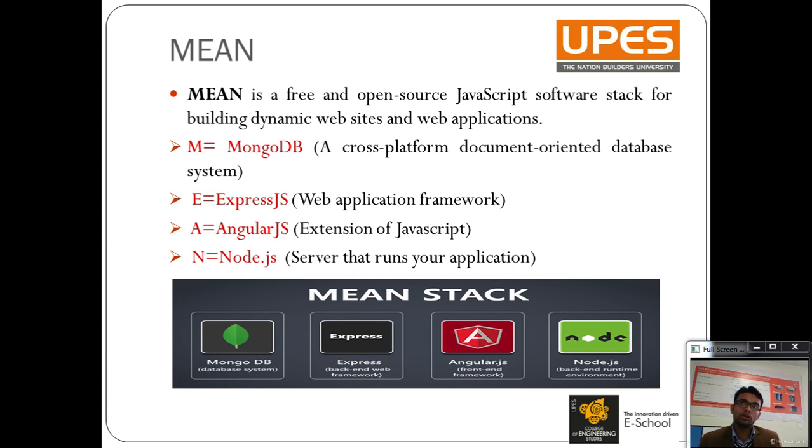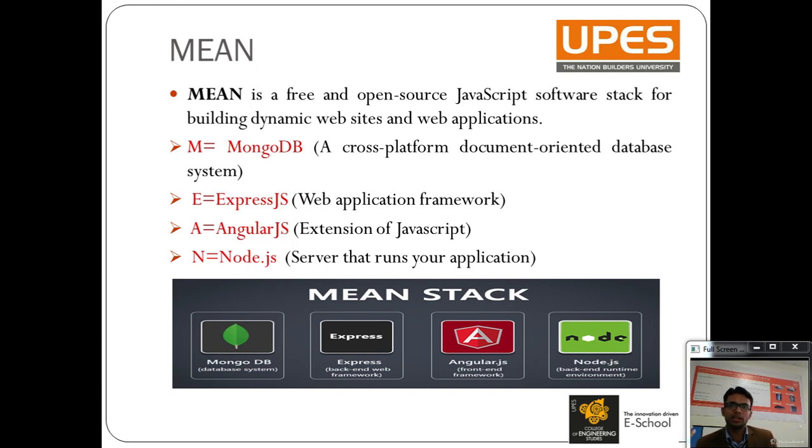Node.js lets you write server side applications using JavaScript. Node.js is also faster and more scalable than other server-side technologies. And AngularJS is an open source client-side JavaScript framework. And MongoDB is a document-oriented database that allows you to store documents in JSON format.